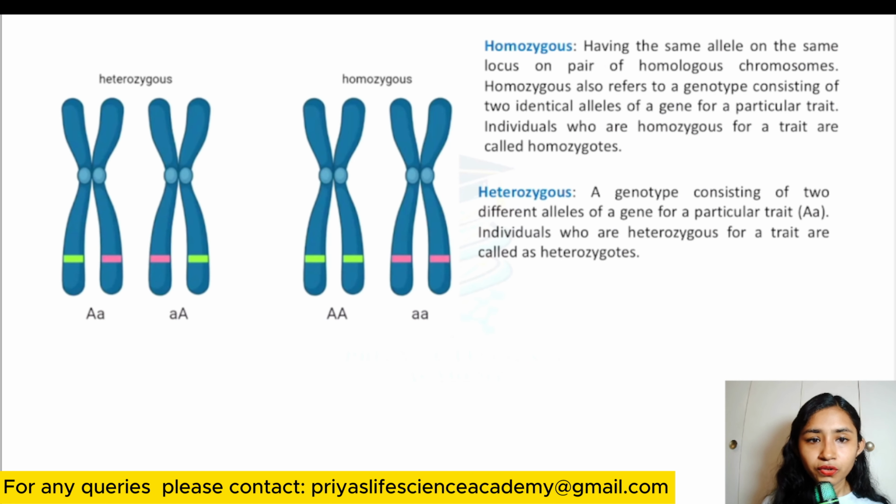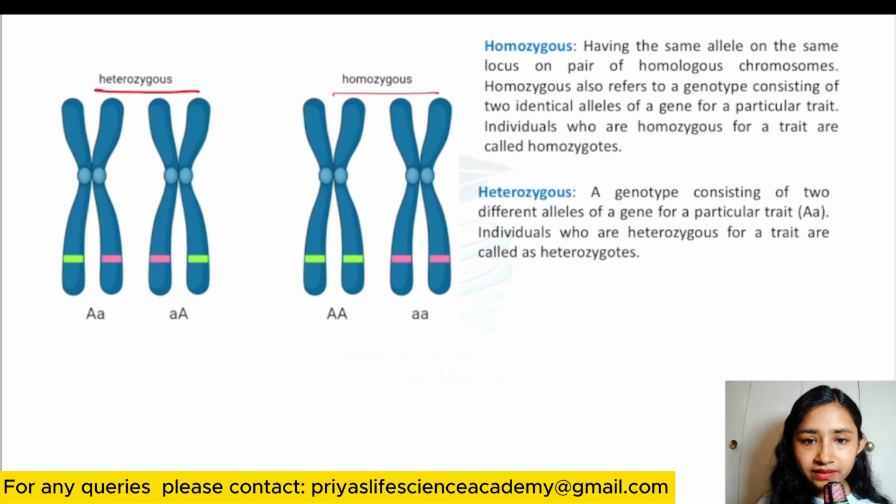Okay. So now we have to learn about the homozygous and heterozygous condition. I have told you that we have 2 chromosomes for each gene, and if each gene's alleles are similar in nature, they are known as homozygous.